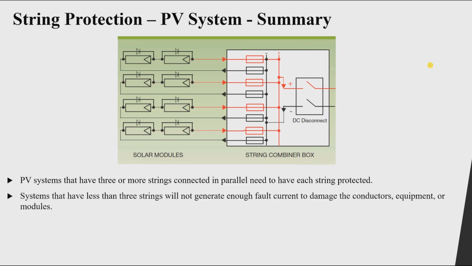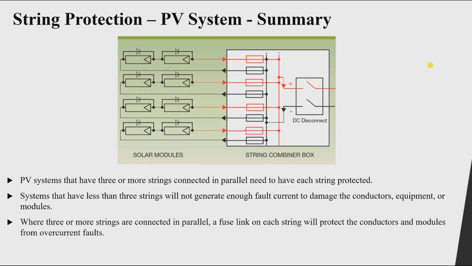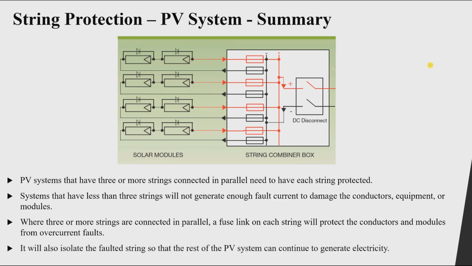Number 2, if the system has less than 3 strings, it will not generate enough fault current to damage the conductors, equipment or modules. Number 3, if we have 3 or more strings in parallel, a fuse link will protect the conductors and the modules from overcurrent faults. And of course, this will isolate the faulty string so the rest of the PV system can continue to generate electricity.